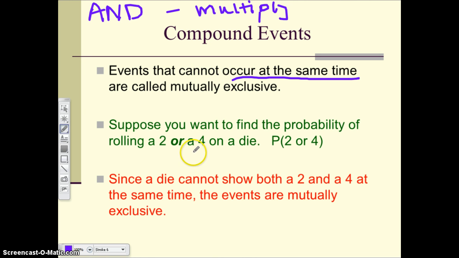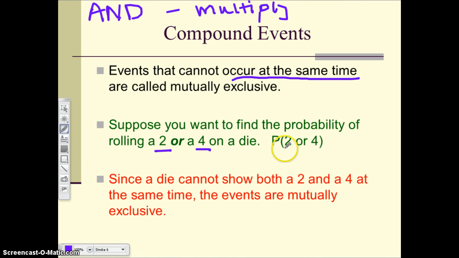For example, you cannot roll, if you roll a 2, you are not rolling a 4. But you could find the probability of rolling a 2 or a 4. Does that make sense? You're not doing two separate items. Yeah, they cannot occur at the same time. Hopefully you'll see the difference as we get into some examples.